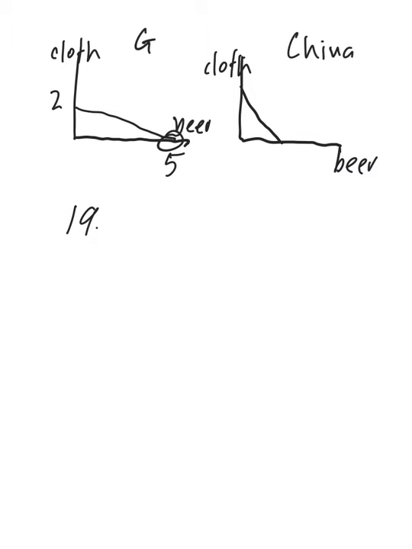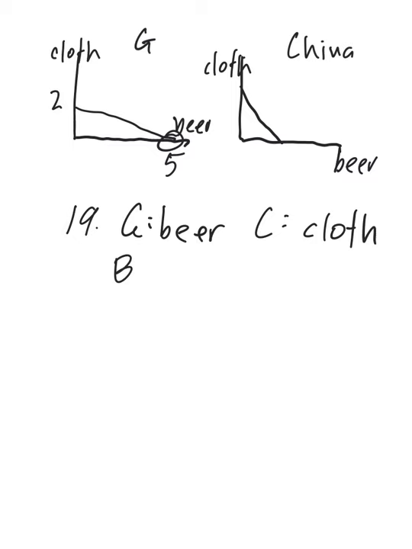That tells you that Germany has the comparative advantage in beer because of the flatter slope. China has the relatively steeper slope, so right away you know that China has comparative advantage in cloth. So the answer to 19 is B. B gives Germany the comparative advantage in beer and China the comparative advantage in cloth.